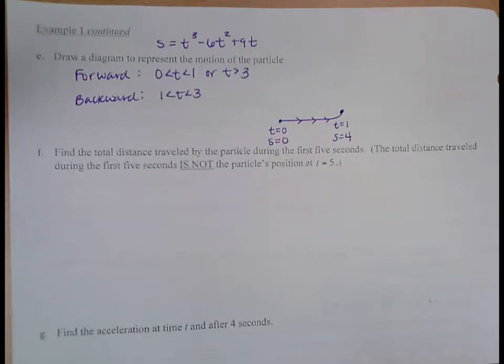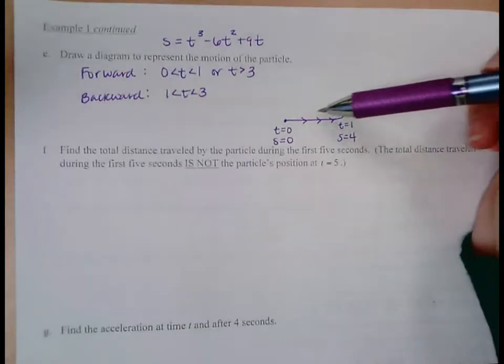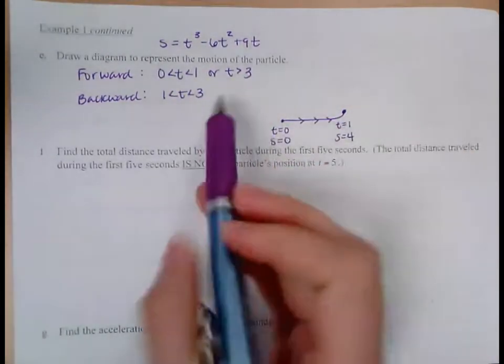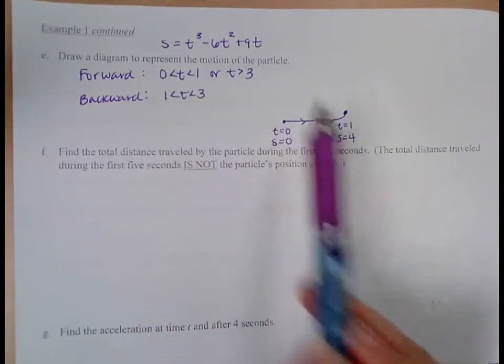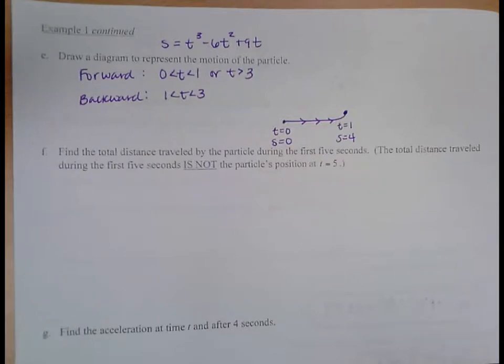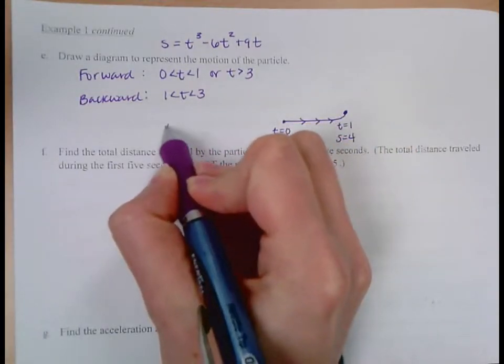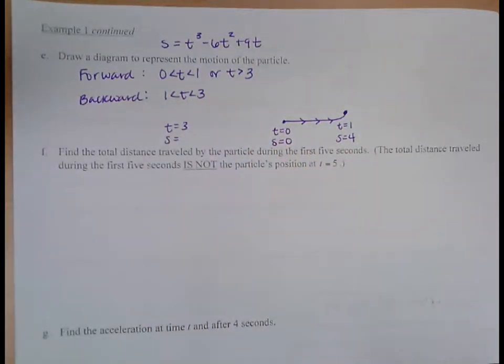And then I know it's going to start to move backwards, and if I want to keep my position drawing accurate here, I'm going to find this off to the side. I know from 1 to 3 it's moving backward, but I just want to find what position it's at at 3. So when t is 3, what is the position?